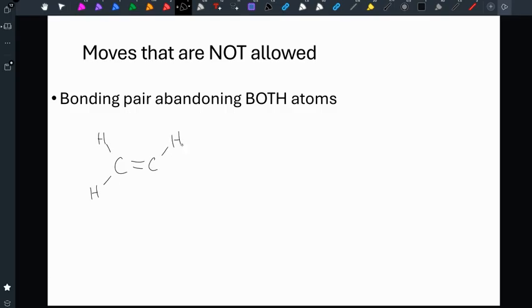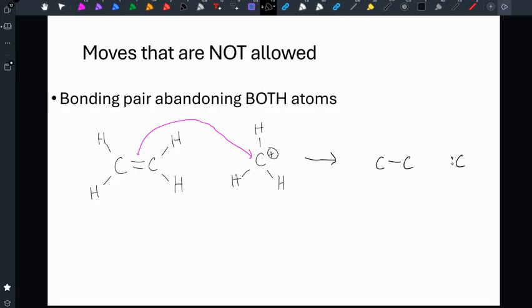So if I had a molecule like this, where I had a bond there, a double bond there, and I had this arrow here, I would not want to just transfer those electrons to the third carbon and leave both of my prior atoms high and dry.